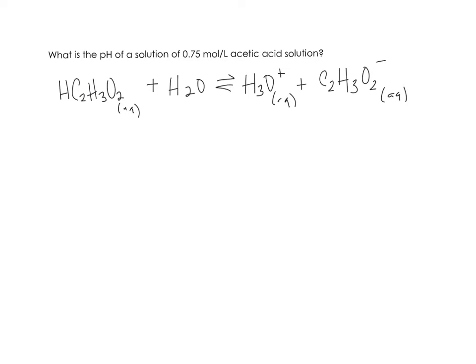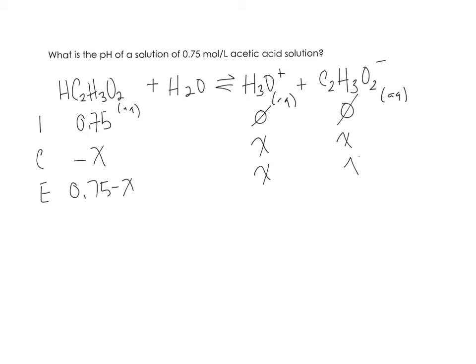We're trying to find pH, so we need to find hydronium ion concentration. So again, you're going to set up an ice table. Initially, we have 0.75 moles per liter of our acid. We don't have any product yet. It goes through a change. And then at equilibrium, we have 0.75 minus x, x, and x.